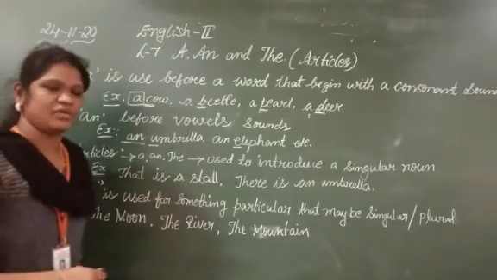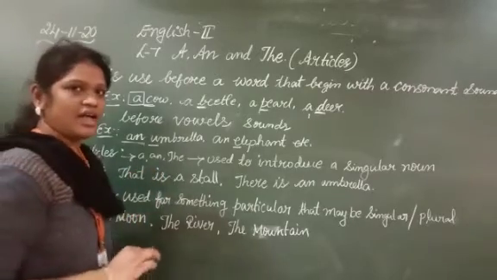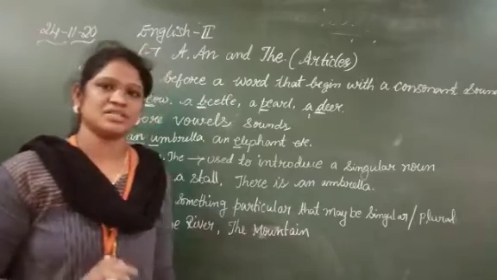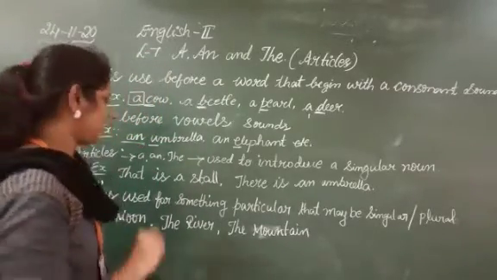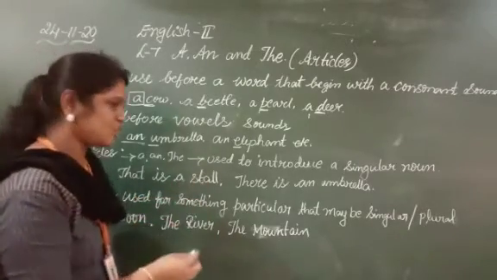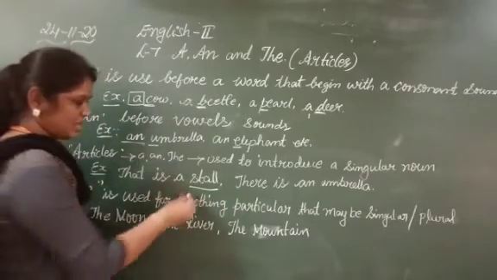See, articles. What are articles? I told you, no. A and the are the articles used to introduce a singular noun. Introduce what, children? A singular noun. For example, that is a stall. Stall is a noun. Yes or no?